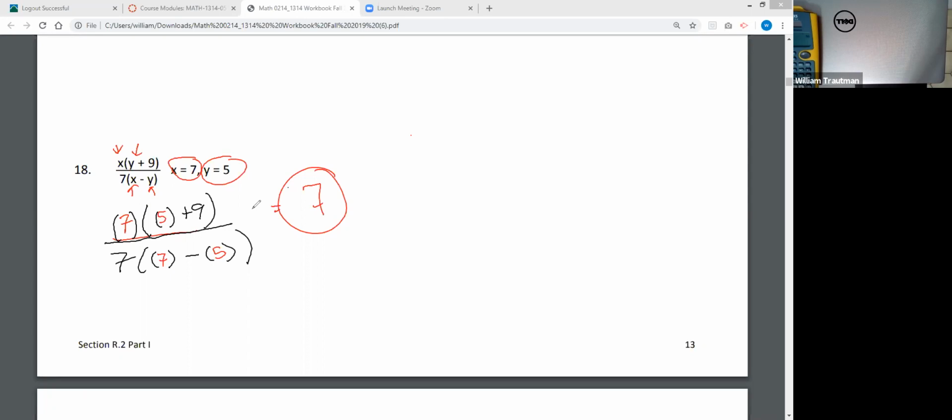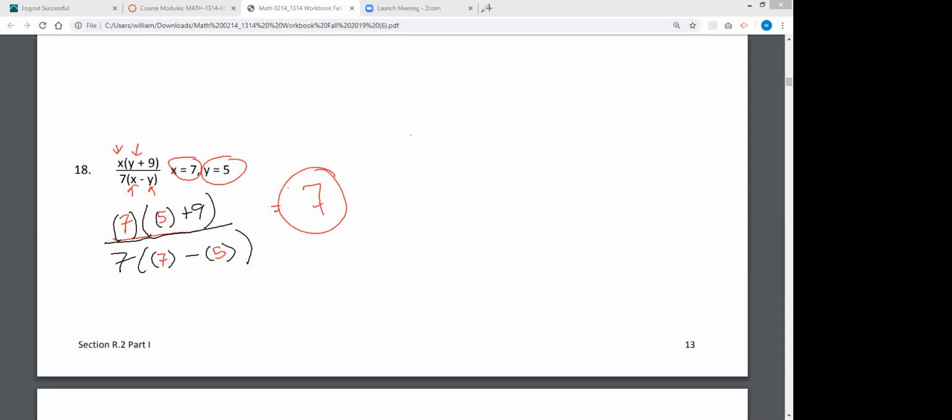Ooh, you typed something in wrong. It should be a positive 7. So I'm going to do this on my calculator because we got a couple of different answers. Let me write it down first. I got a positive 7. Okay, good.